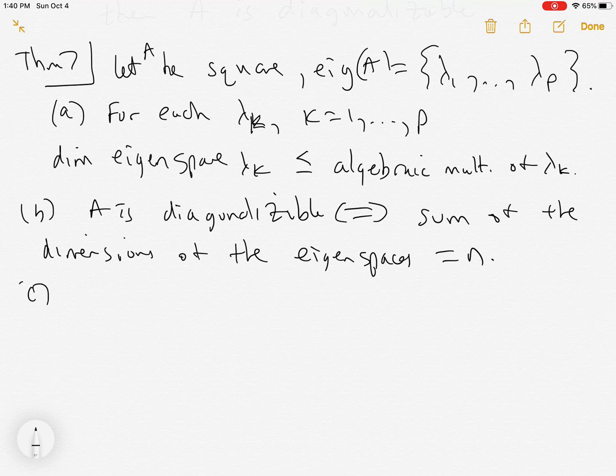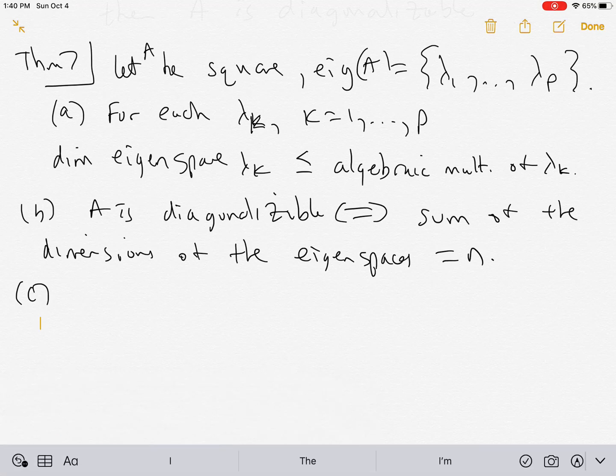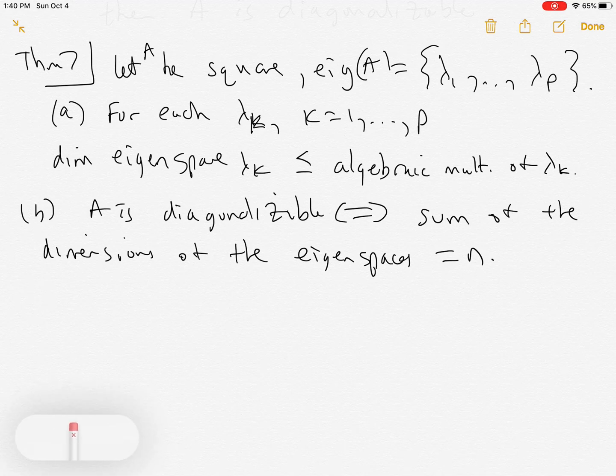And then C, I don't like C in the book, so our theorem 7 will just be A and B. Pulling rank on David Lay there.